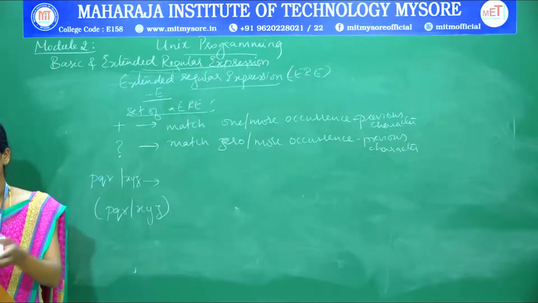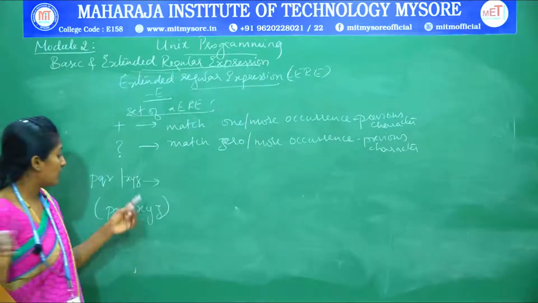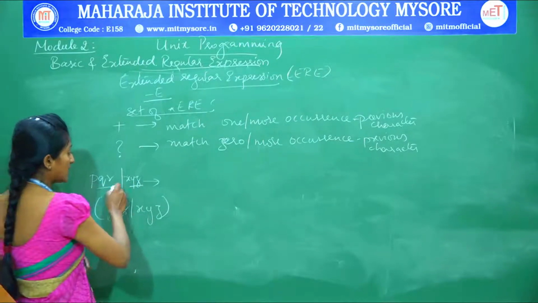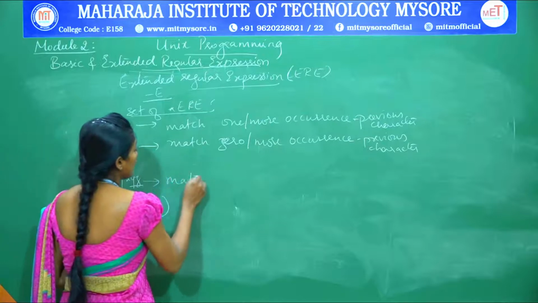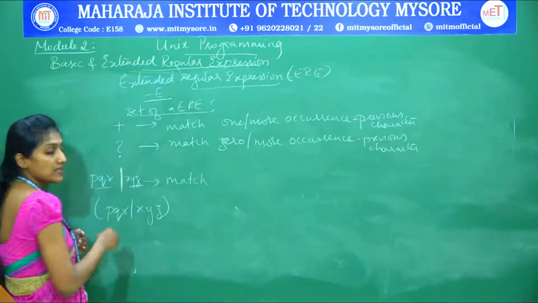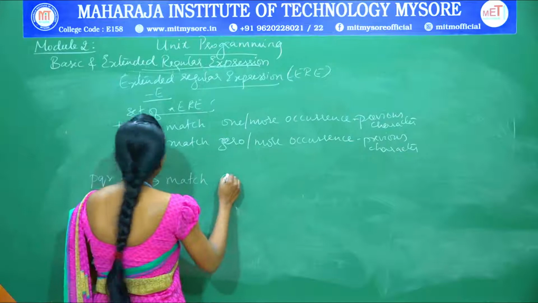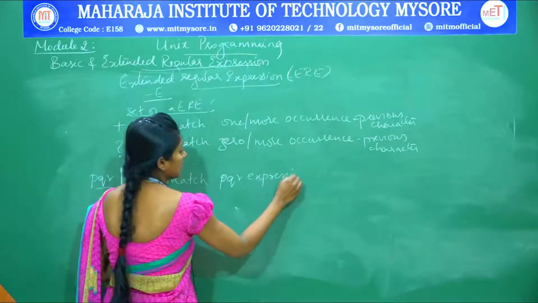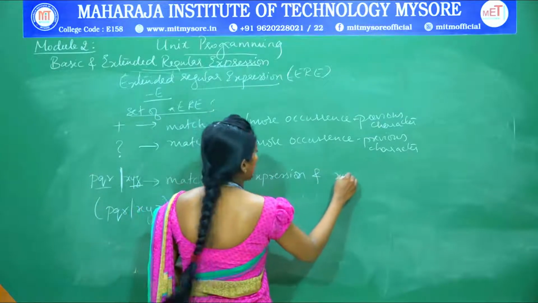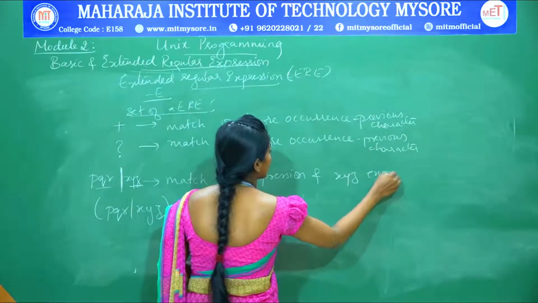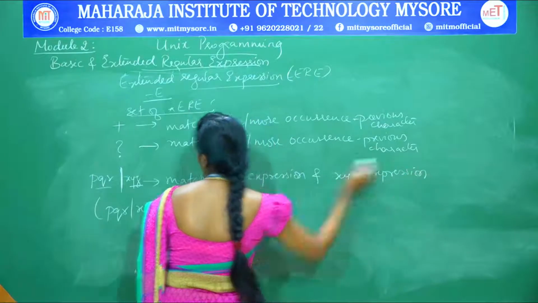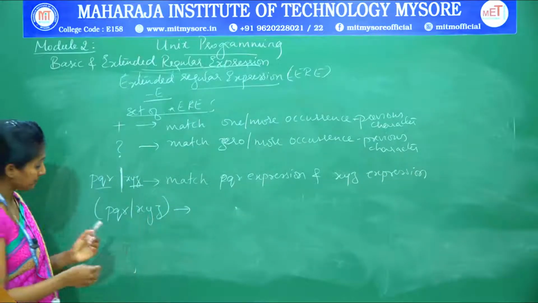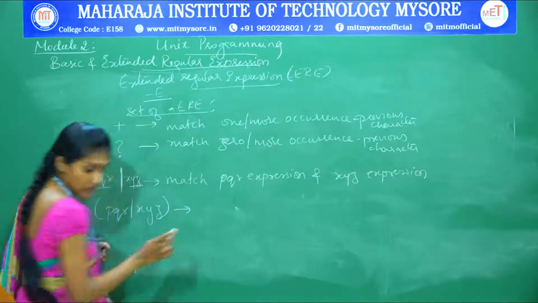So this is going to match this way. If I want to match expression 1 with that of expression 2, so that can be matched by using what? This pipeline. Match PQR expression and XYZ expression. Next, PQR pipeline followed by XYZ expression, right?